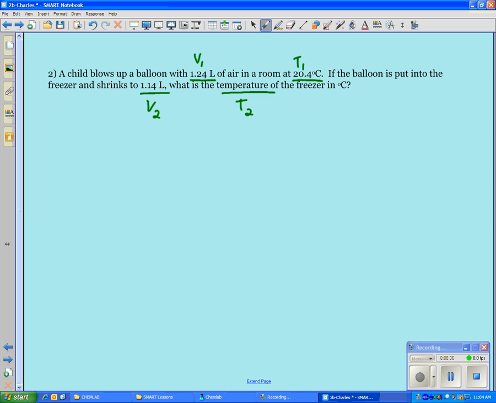So if we start with our rearranged formula to solve for T2, that's going to look like T1 times V2 over top of V1. Our first temperature of 20.4 degrees Celsius, we need to change into Kelvin. So we're going to add 273.15.